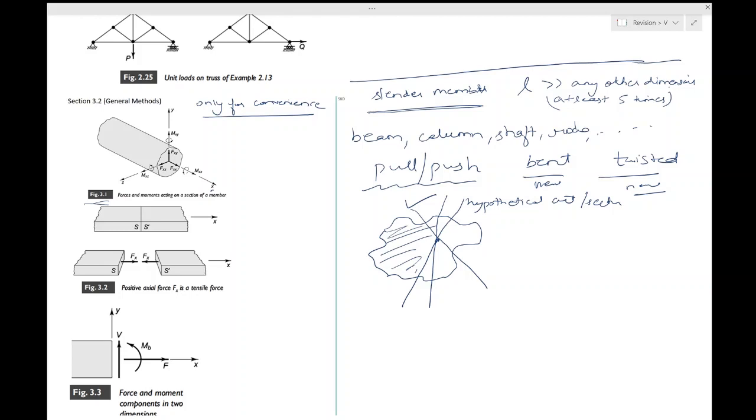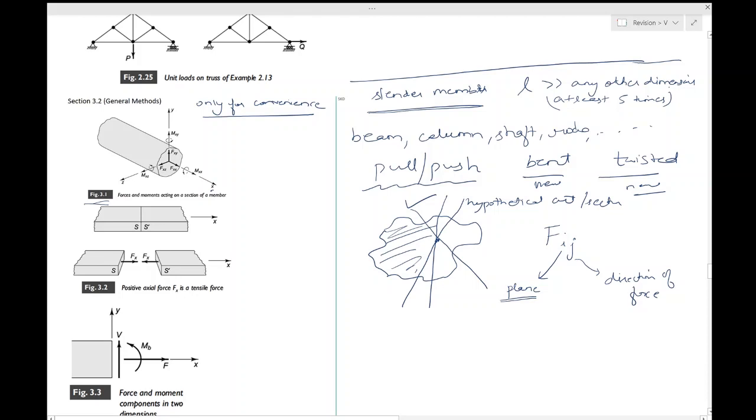Now let's look at the notations which you see over here. If you have a notation F_ij, i in this is the plane and j is the direction of force.